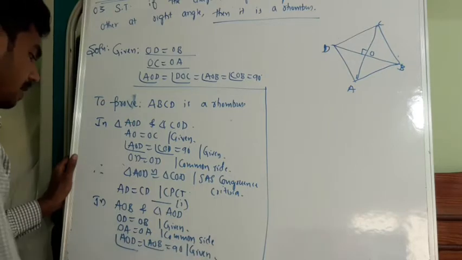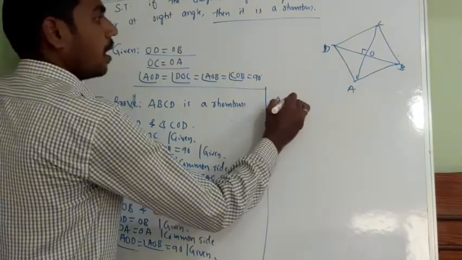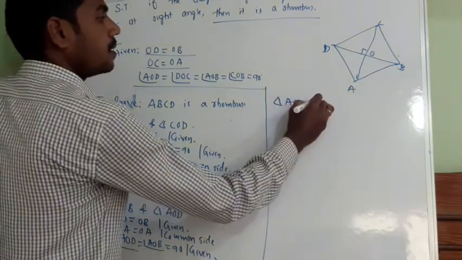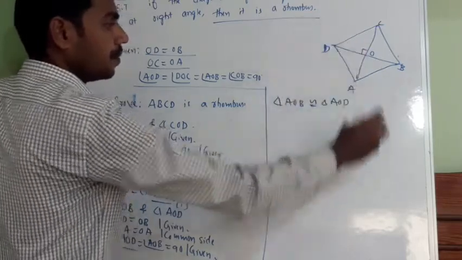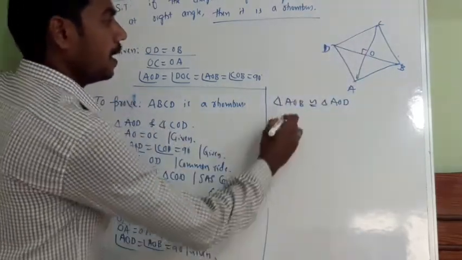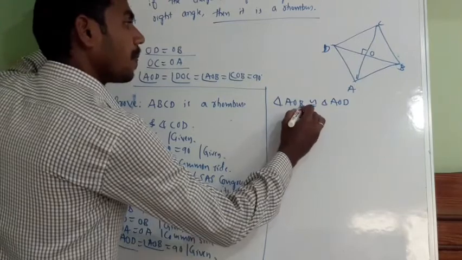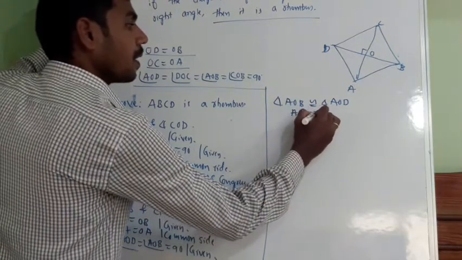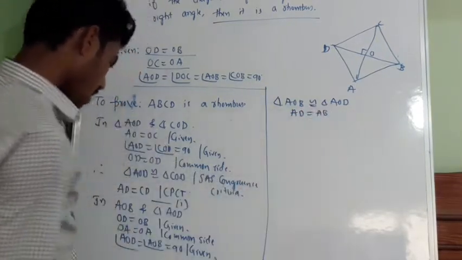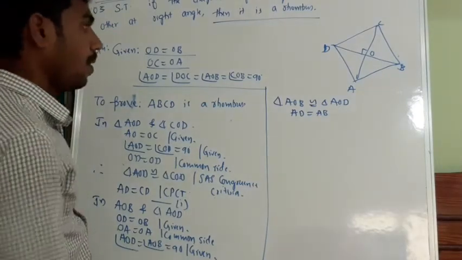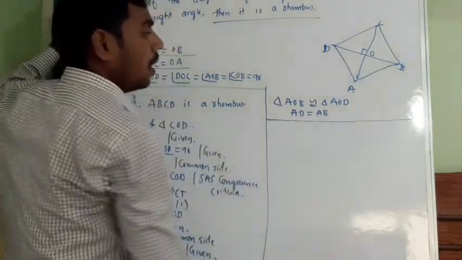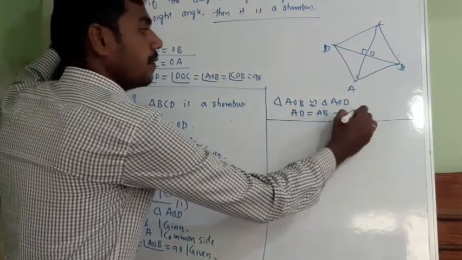So because of that, triangle AOB is congruent to triangle AOD. So what can I write? AD is equal to AB. I'll call this equation number 2.